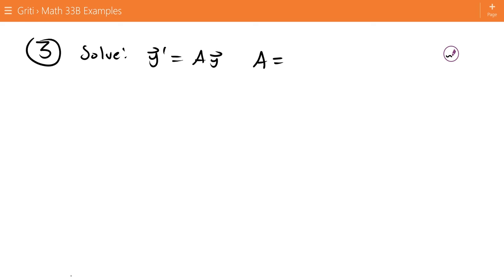For our third example, we have the system y prime equals Ay for A equals [3, 1; -1, 1].